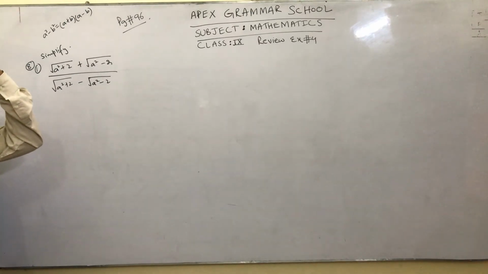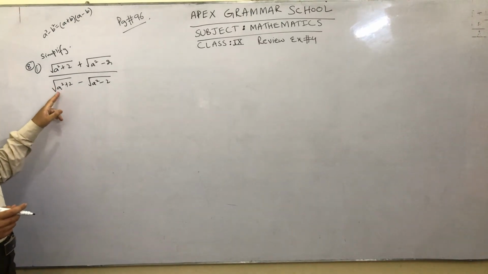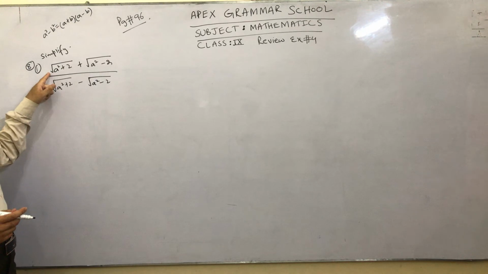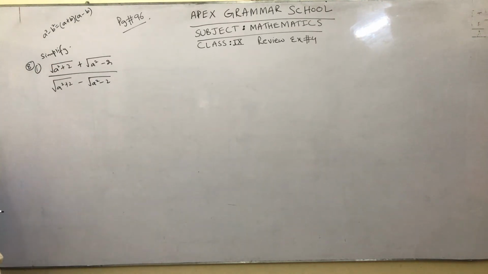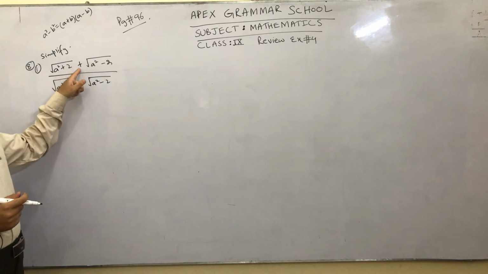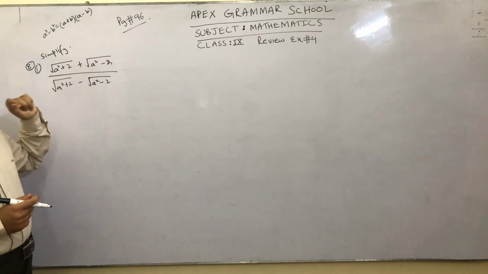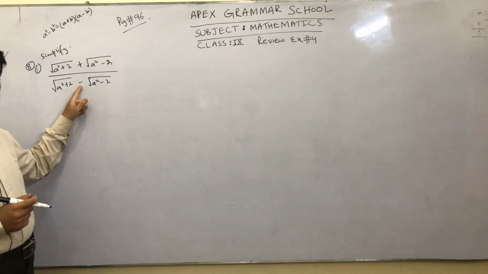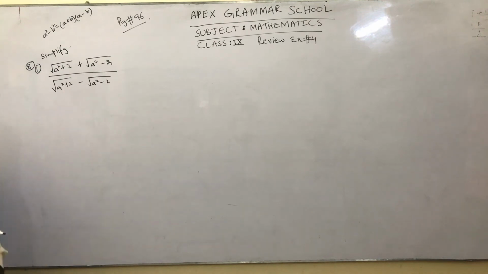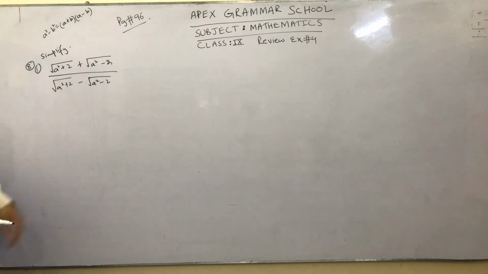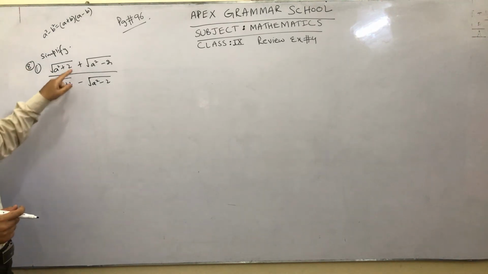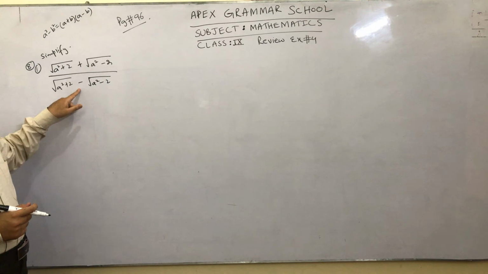First of all, can we cancel this square root a square plus 2 and this square root a square plus 2? Can we cancel both? No, because this is attached with a positive sign with this value and this is attached with a negative sign with this value. So we can't cancel it. The only way we can cancel is if both our signs are totally the same.